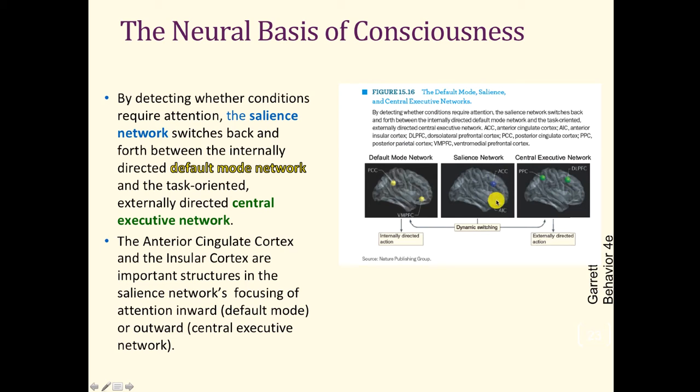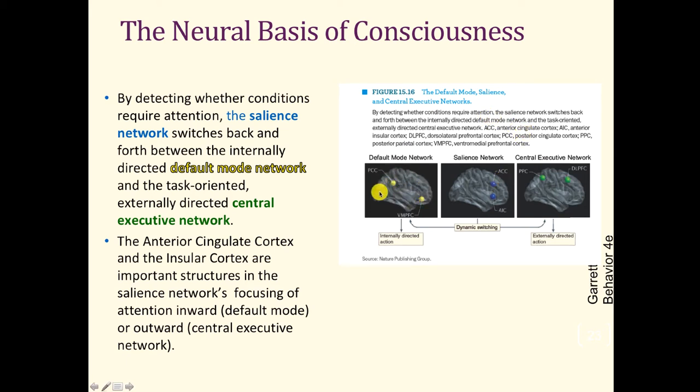The switching from one mode to the other by the salience network seems to involve the anterior cingulate cortex and the anterior insular cortex. So we're seeing here the ACC and the AIC, the anterior cingulate cortex and the insular cortex. These are both areas that are in the midline, so they're buried in the middle of the brain, and they are involved in this direction or control of these other two networks.